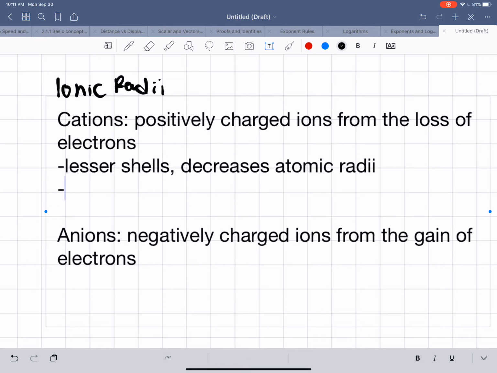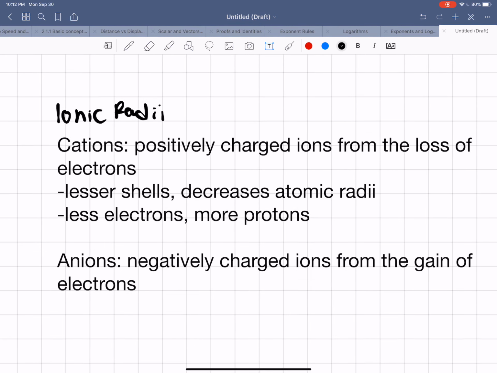And we also have fewer electrons and more protons. If protons are greater than electrons, the positive nuclear force of the atom can now act more favorably upon the electrons, which means the atom shrinks.